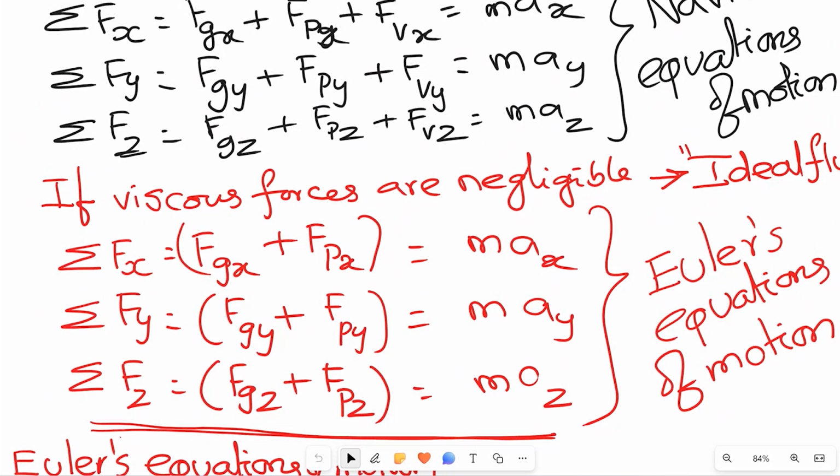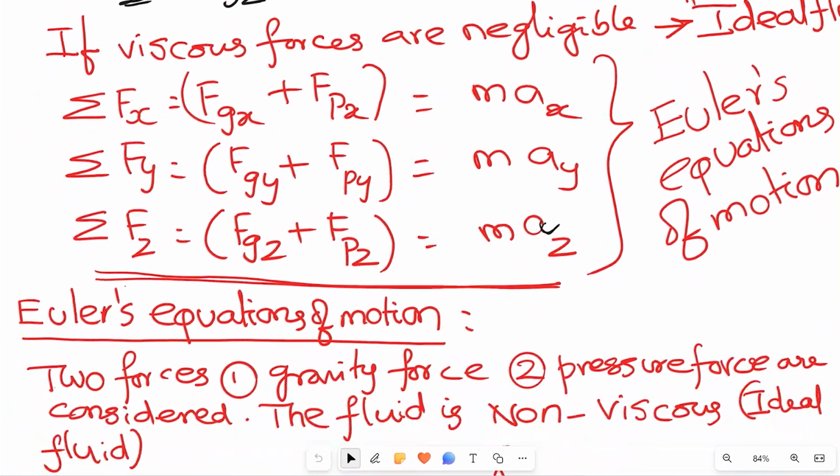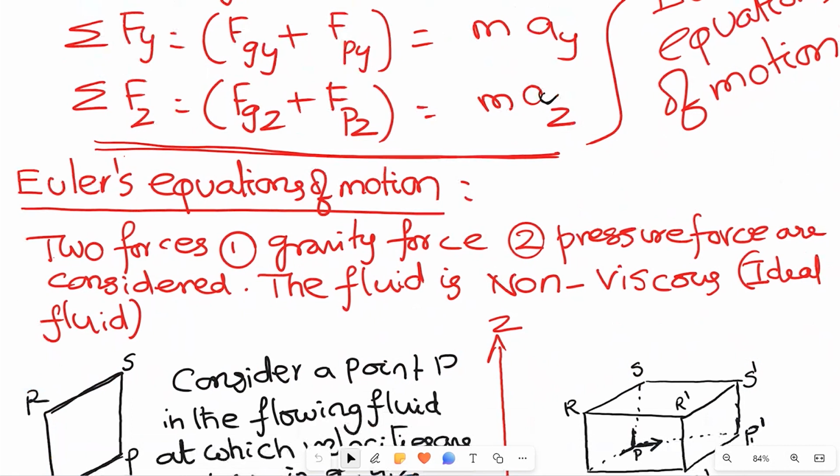That's what we have shown here. Next, here az, so this is how it is in these three directions. Now this is called Euler's equations of motion. Euler's equations of motion broadly say that the forces considered are only two forces. One is the gravity force, the other one is the pressure force. So I am going to analyze now what the Euler's equations of motion are.